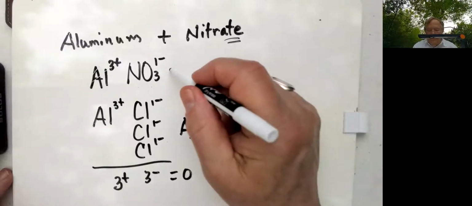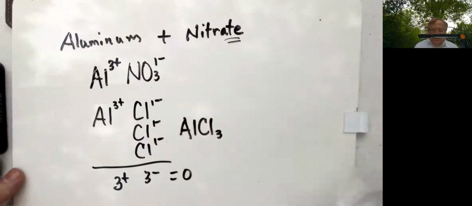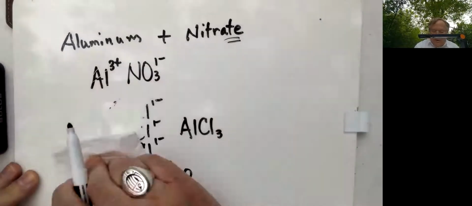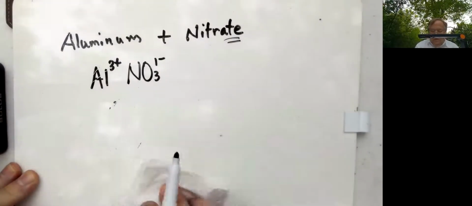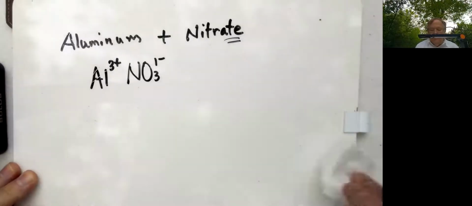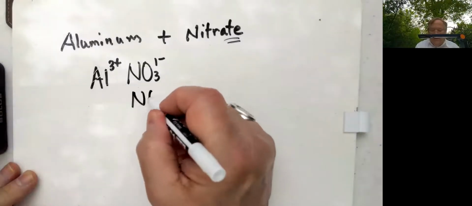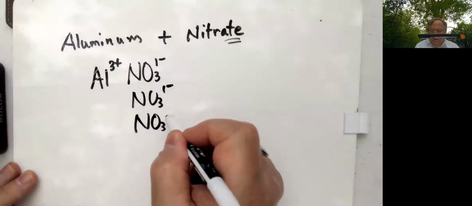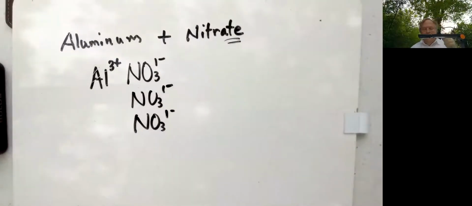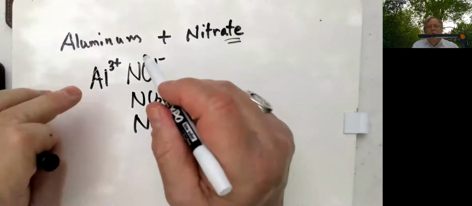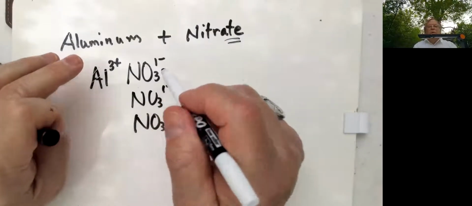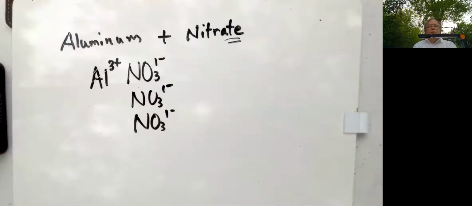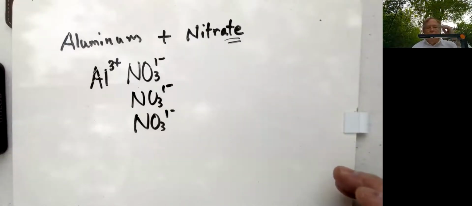All right. This works exactly the same way. The charges balance exactly the same way. I have to have 3 of these to get my balance. And you can also do the least common multiple of 1 and 3, which is 3. So you have to get them both equal to 3.